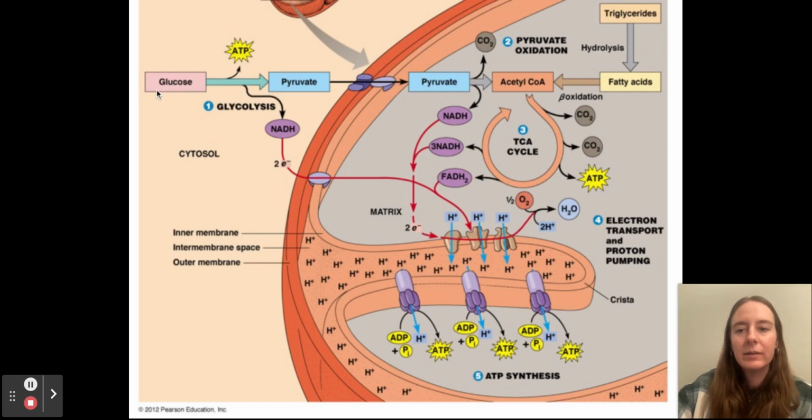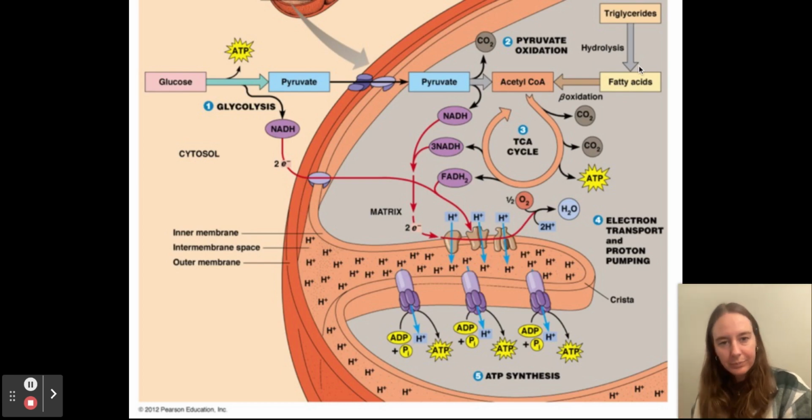Now, not only glucose does this, so carbohydrates, but you could also take fat molecules and break them down and produce acetyl-CoA. A fat molecule is really just a long chain of carbons and hydrogens. So you can actually get even more energy from a fat molecule, which is why we talk about fats as having more energy than carbohydrate molecules, because fats basically have so many carbons and hydrogens, really a lot of high energy bonds.